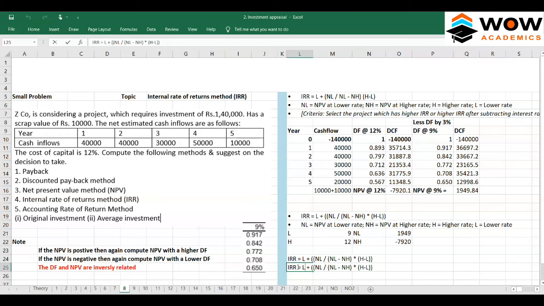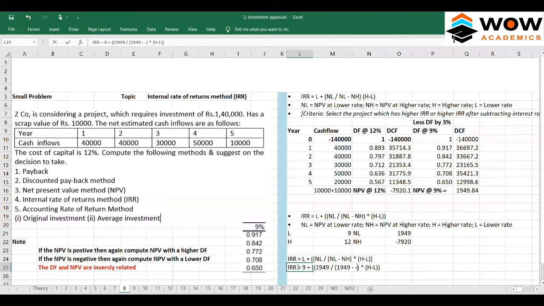So the lower discount factor is 9%. NPV at lower discount factor is 1949. Again, NPV at lower discount factor is 1949. NPV at high discount factor is minus 7920.